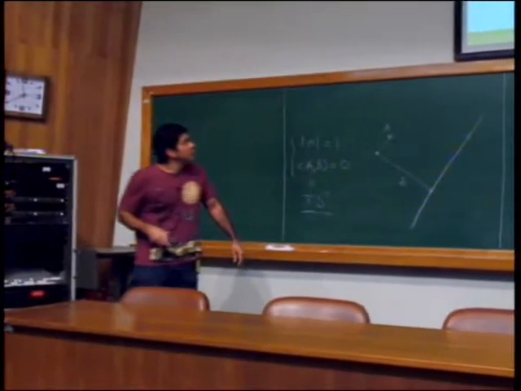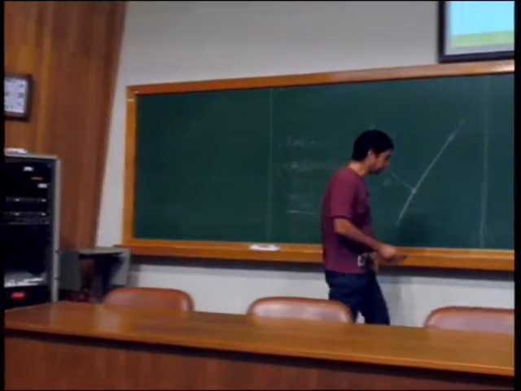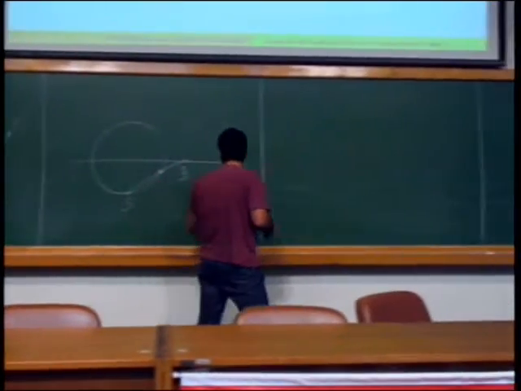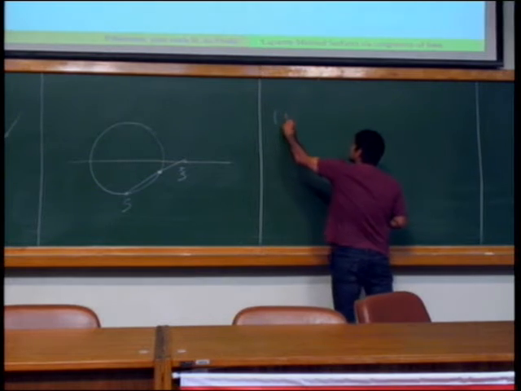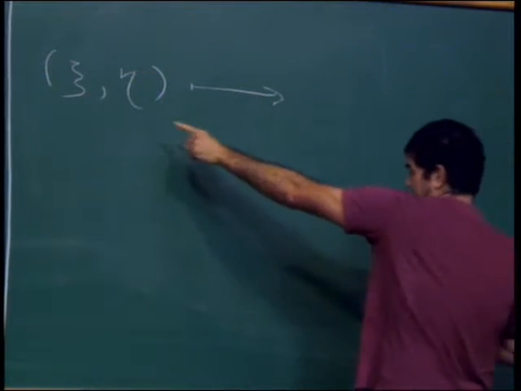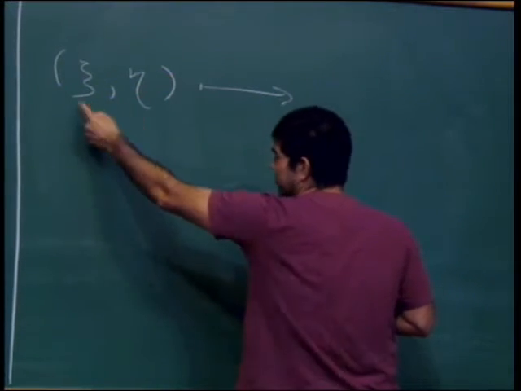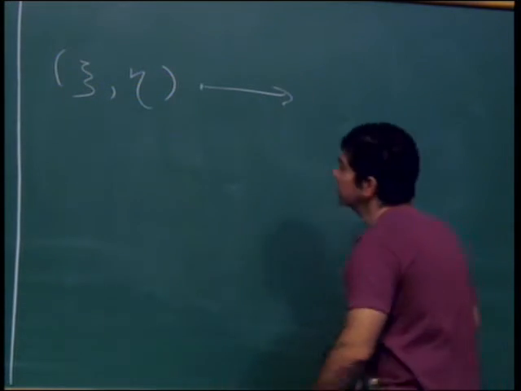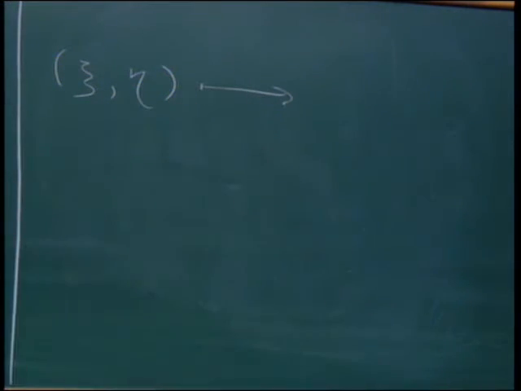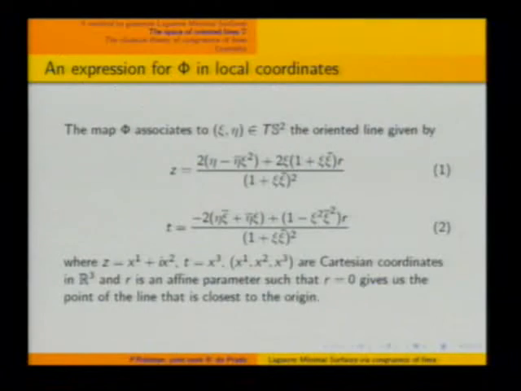Okay. So with a little bit of elementary geometry, you can figure out that if you have a pair of complex numbers, ζ and η, which is basically a tangent vector of the unit sphere, you can associate an oriented line.